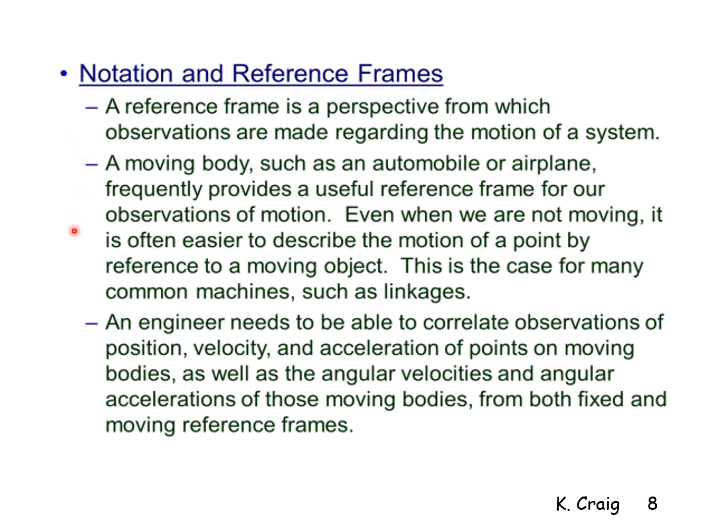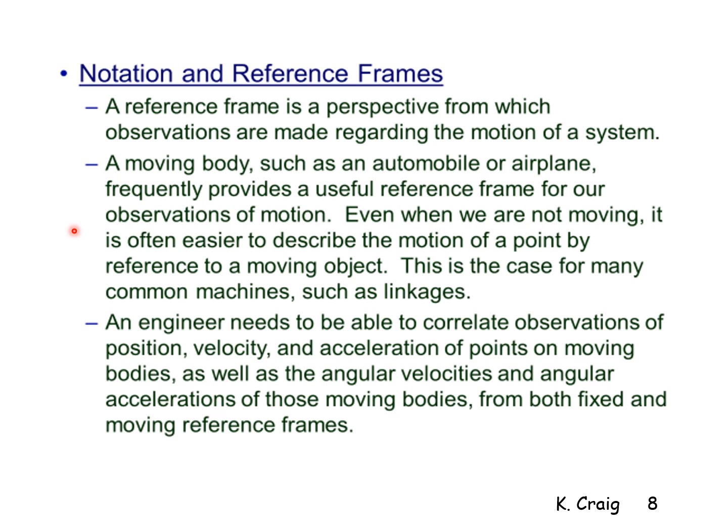A moving body, such as an automobile or airplane, frequently provides a useful reference frame for our observations of motion. When you're on an airplane or in an automobile and you're making observations with respect to that automobile or airplane, with respect to an XYZ coordinate system fixed to that automobile or airplane. Even when we are not moving, it is often easier to describe the motion of a point by reference to a moving object.